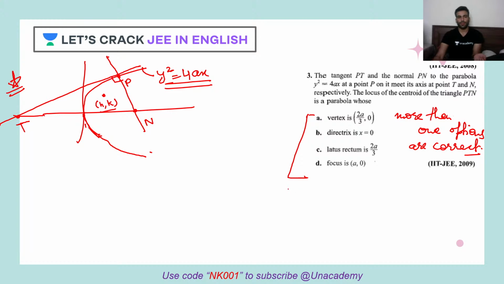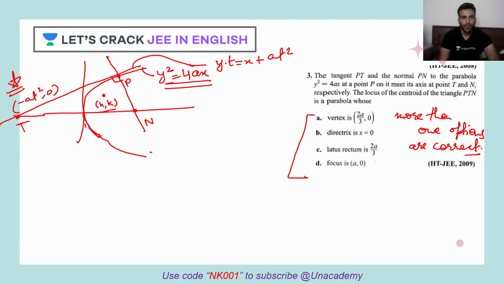Okay, so let's solve this question. What will be the equation of your tangent? yt is equal to x plus at square. So this point will be what? My y coordinate will be 0, so this will be minus at square comma 0.